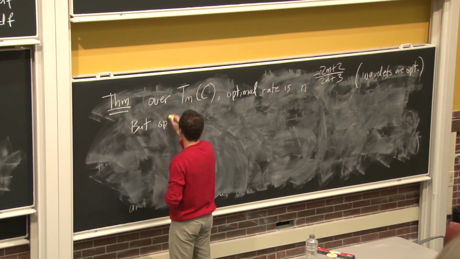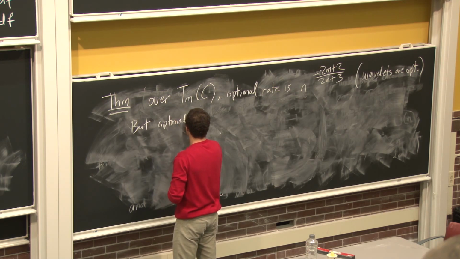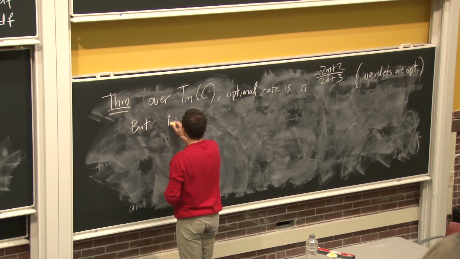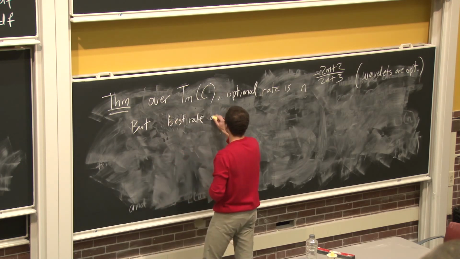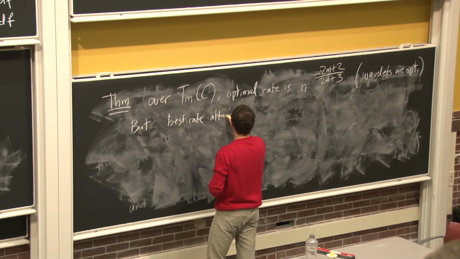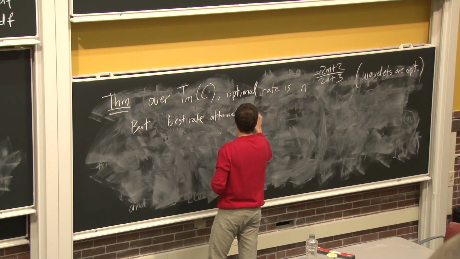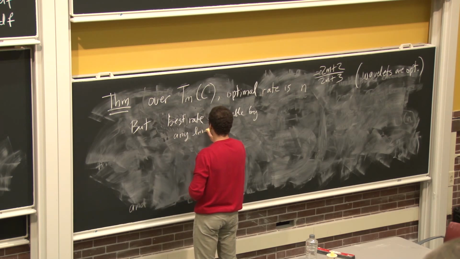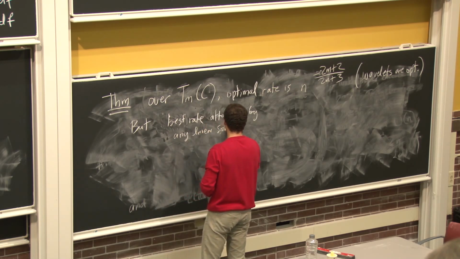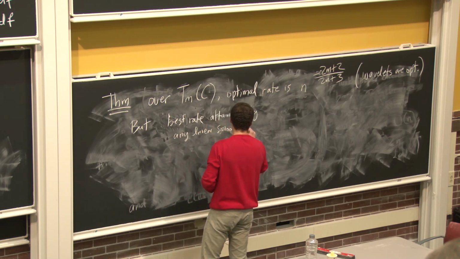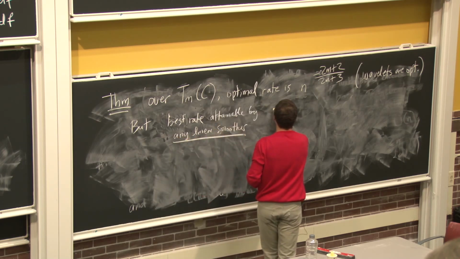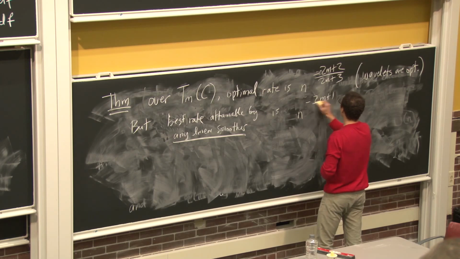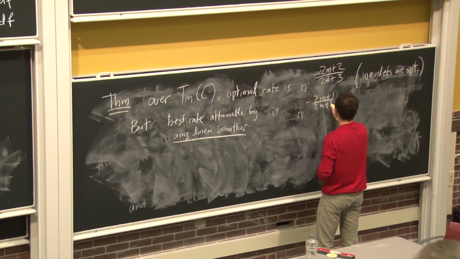The best rate attainable by any linear smoother is n to the minus (2m plus 1) over (2m plus 2).